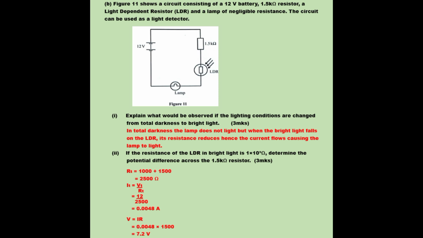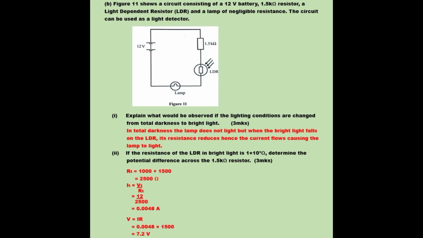Looking at the circuit diagram, the resistance of the LDR is 1 times 10 raised to power 3, that's 1000 ohm. Then you are trying to determine the potential difference across the 1.5 kilo ohm resistor.